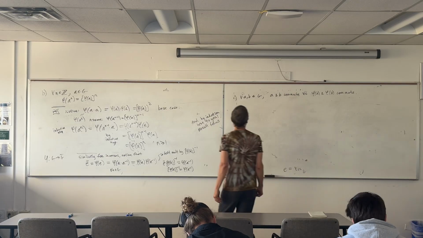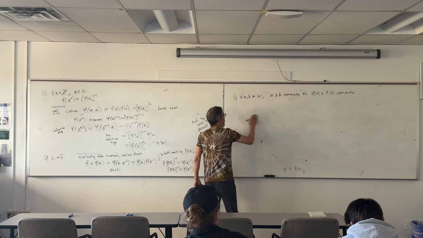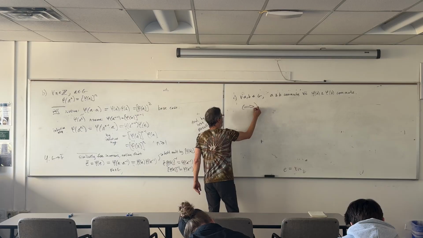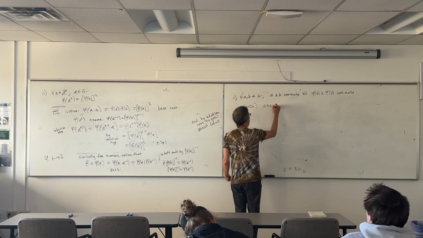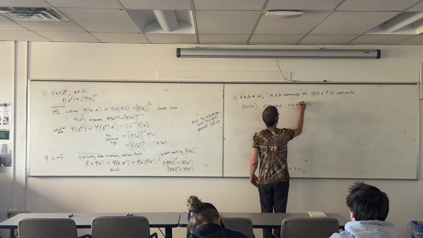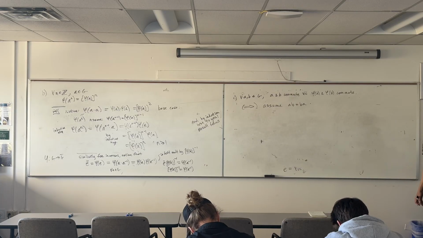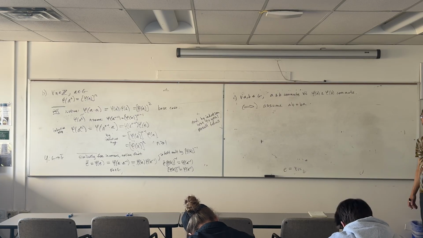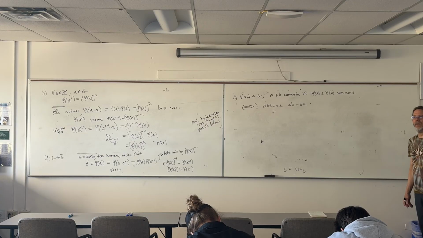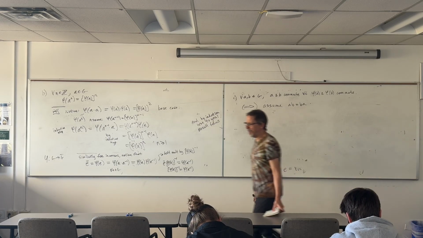Let's do this. So this is an if and only if. Let's go this way first. So assume A and B commute. Can you take it the rest of the way? Can you show me that phi of A and phi of B commute? It's a good stepping off place.